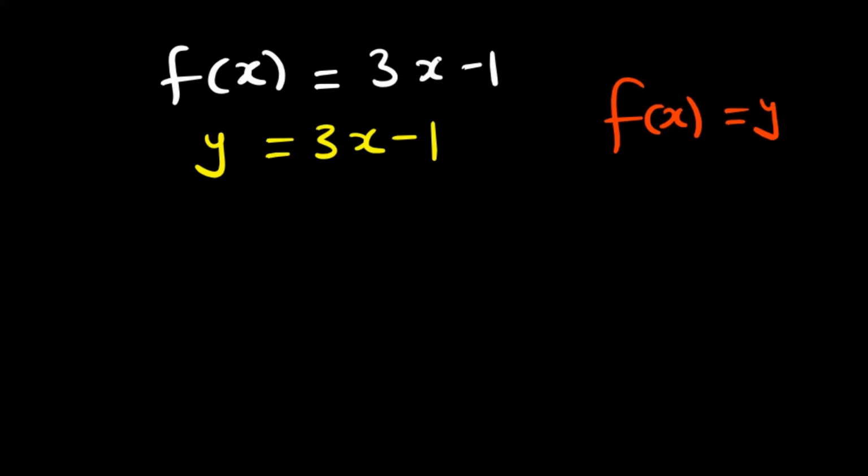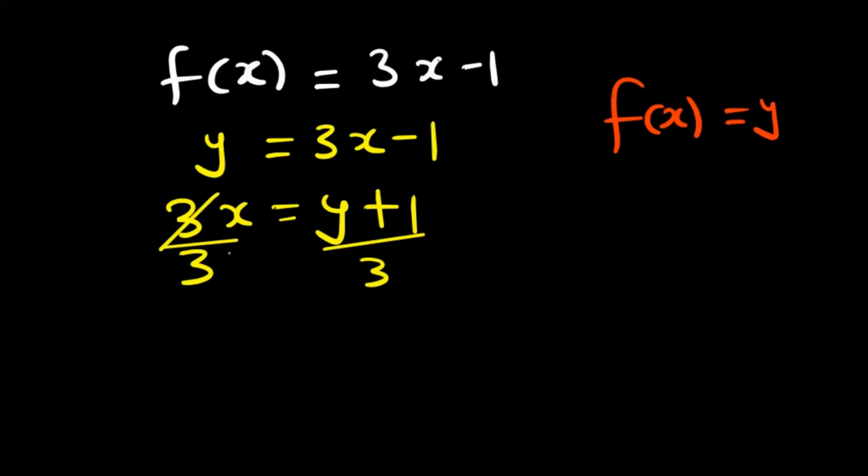So for me to make x the subject of the formula, I'm going to take the negative 1 to the other side. When I take the negative 1 to the other side, I'm going to have 3x is equal to y plus 1. Then for me to remain with my x, I'm going to divide by 3 on both sides. So the 3 and the 3 are going to cancel. So I'm going to have x is equal to y plus 1 over 3.